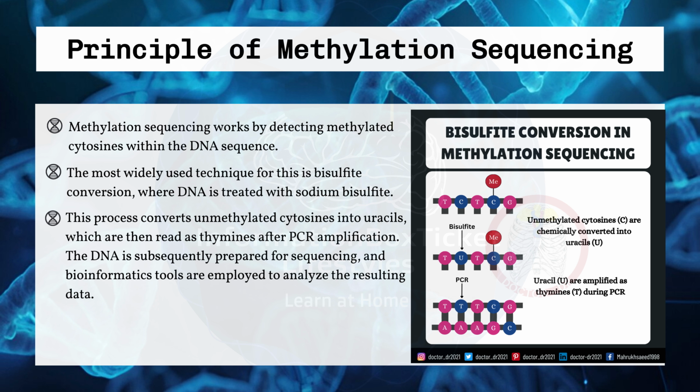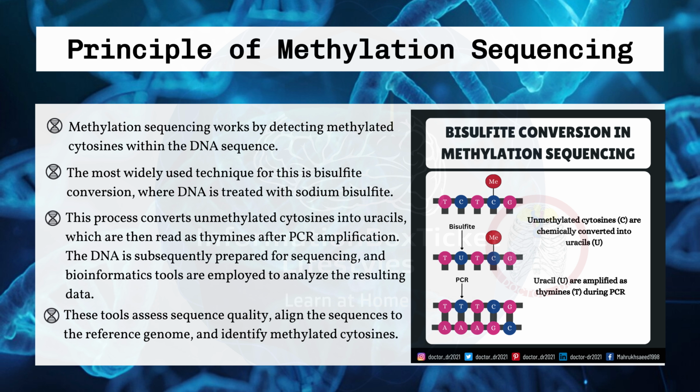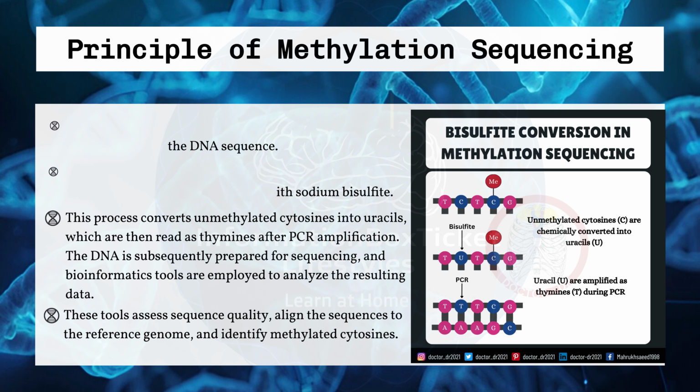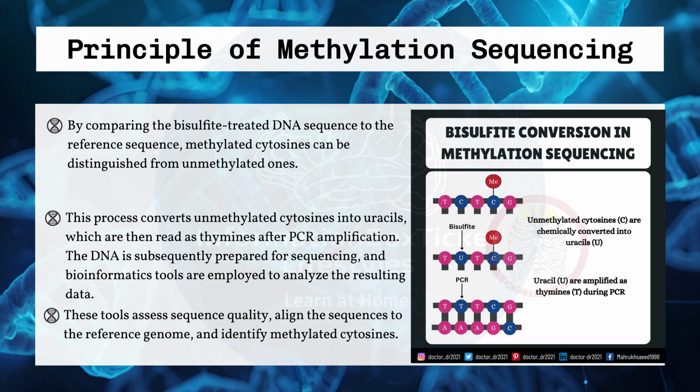The DNA is subsequently prepared for sequencing, and bioinformatics tools are employed to analyze the resulting data. These tools assess sequence quality, align the sequences to the reference genome, and identify methylated cytosines. By comparing the bisulfite-treated DNA sequence to the reference sequence, methylated cytosines can be distinguished from unmethylated ones.